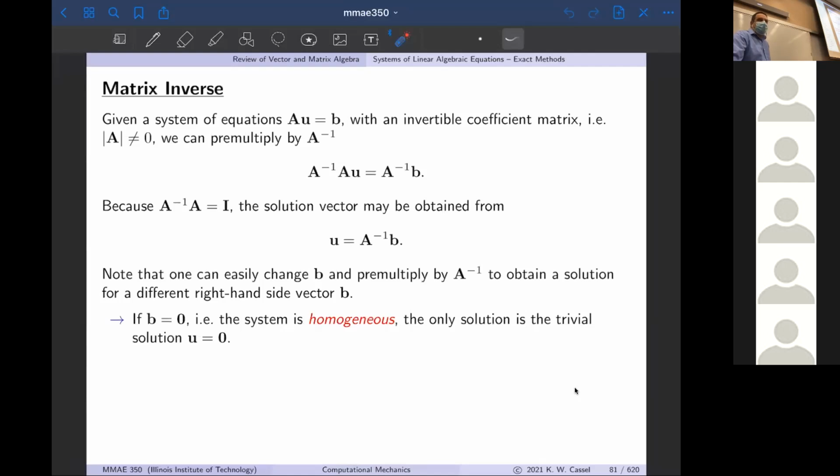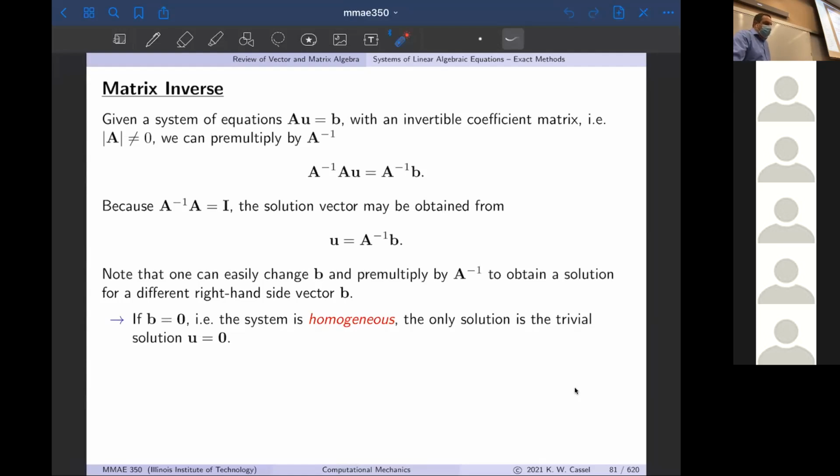And if there is no answer, then Gauss elimination will tell you that there's no answer. If there's an infinity of solutions, Gauss elimination will tell you that there's an infinity of solutions. So Gauss elimination always works. It's not always the easiest. It's not always the most efficient. It's not always the best approach for any given system, but it will always, always work for any situation.